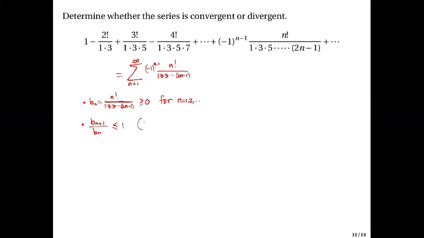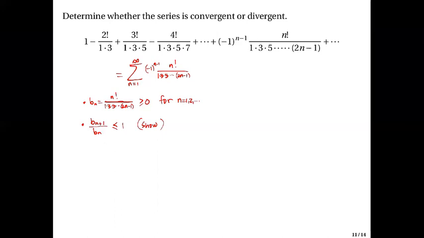So this is what we want to show. Because if this is true, then Bn plus 1 is less than or equal to Bn, and therefore this is ultimately decreasing. And the reason why we are going to use this is because we can use ratio test from this after getting the term Bn plus 1 over Bn.